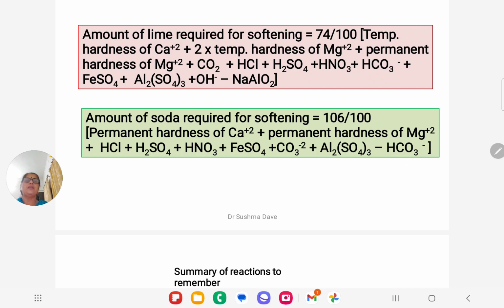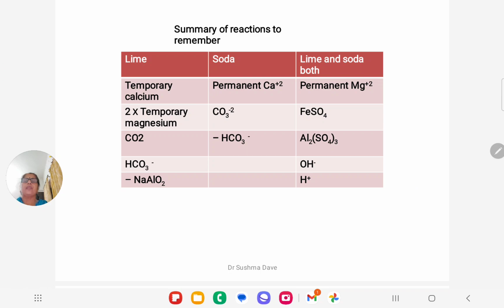So now how to remember this table? There is a very simple trick. We are tabulating all three values. One column is for simple lime, the other one is for simple soda, and the third one is for lime and soda both. So this is for simple L, this is for simple S, and this is for L plus S. Now, whether you look at the formula or the table, whichever is comfortable to you, we have noted that temporary calcium requires 1 mole of lime.